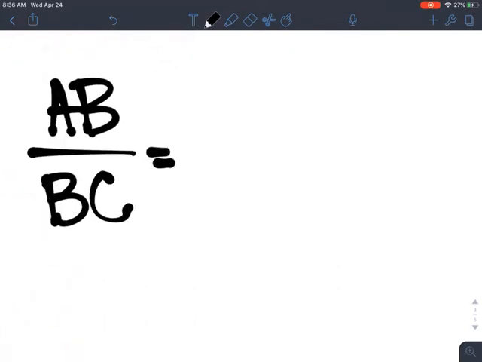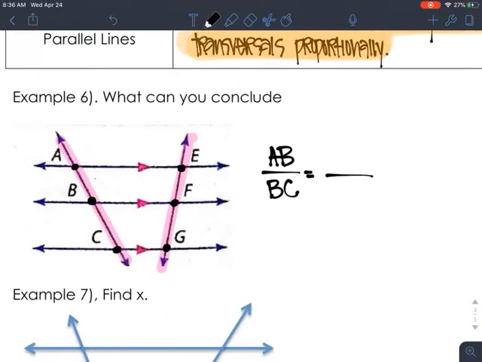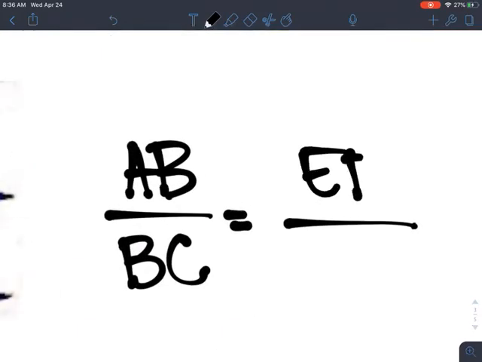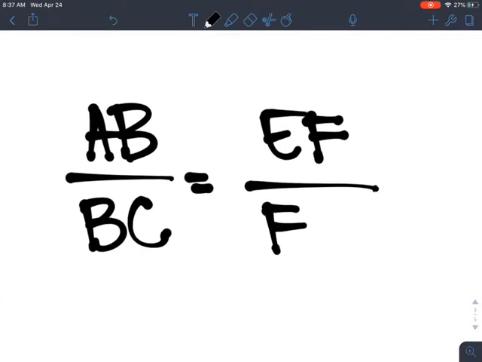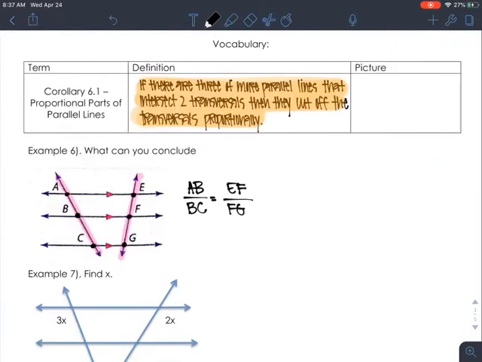And when I match that up, I have to look at the same segments that correspond with it. And so because EF is formed by the 2 same parallel lines as AB, EF has to correspond with AB, and FG has to correspond with BC.